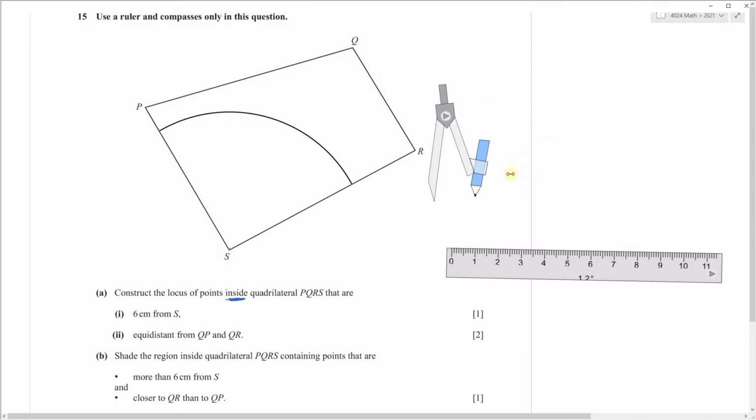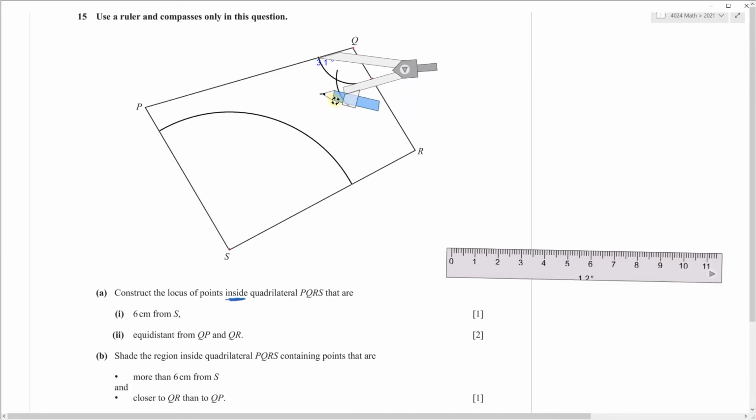To draw the angle bisector, I'll place my compass on point Q and draw an arc from one line to the other, from line QP to QR. Then I'll place my compass on the point where the arc intersects line QR and draw an arc here, and do the same on the intersection point of the arc and the other line QP, drawing another arc.